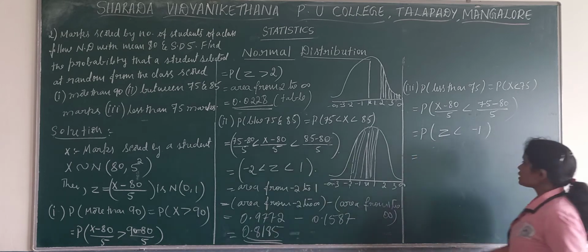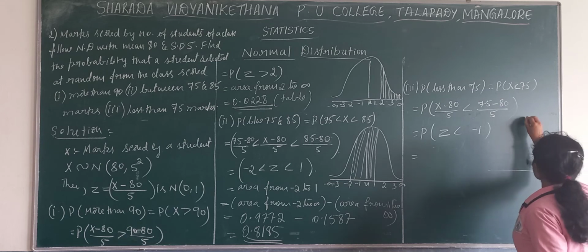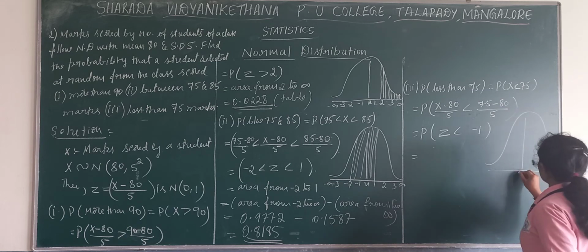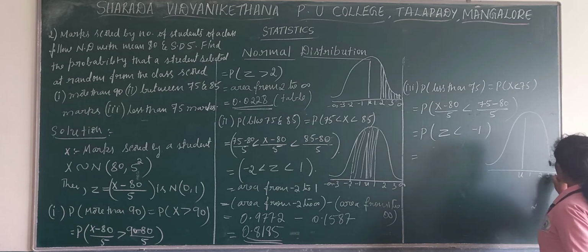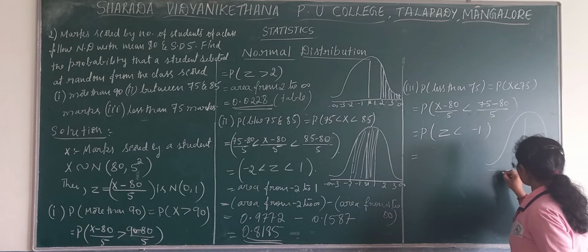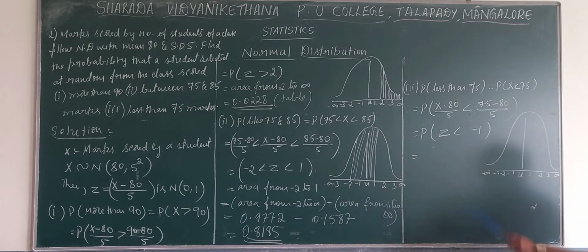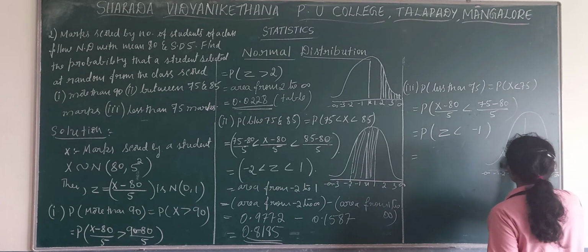Now, locate this area in the graph. Mu, 1, 2, 3 toward positive infinity. Minus 1, minus 2, minus 3 toward negative infinity. Lesser than minus 1. Where is minus 1? This is minus 1.